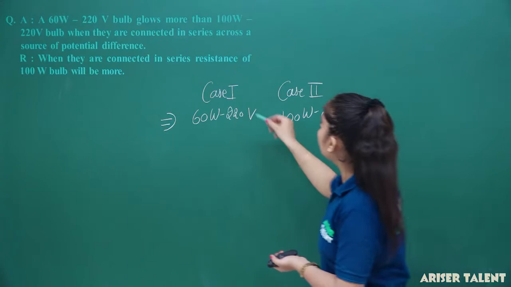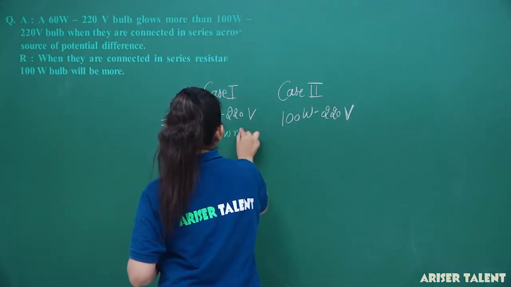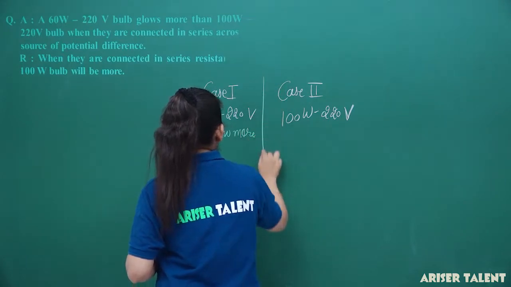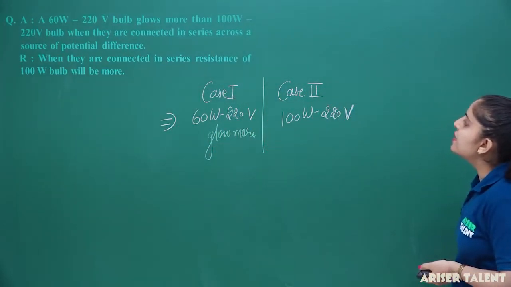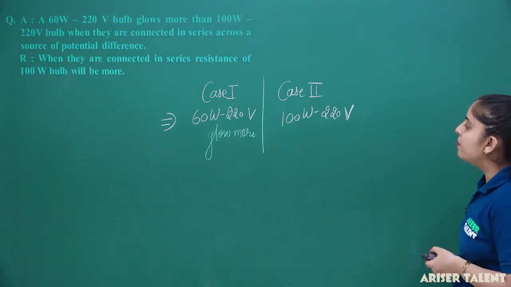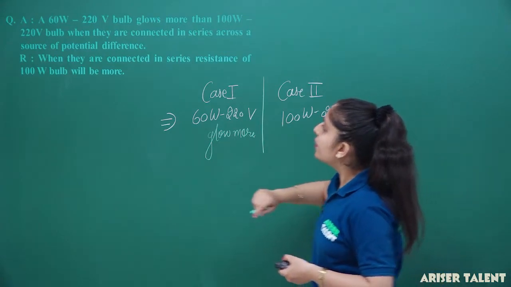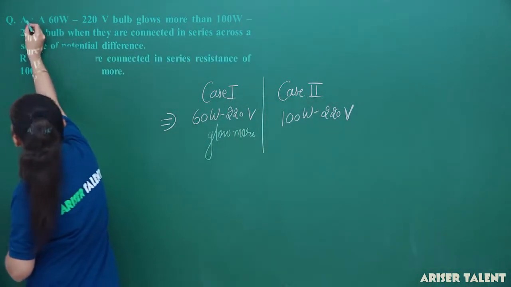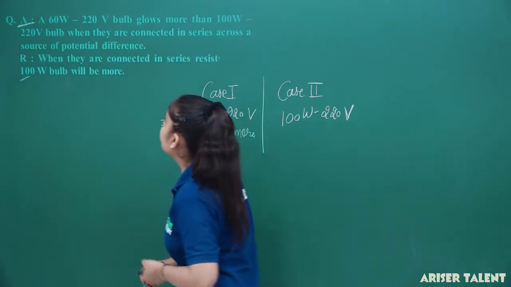It means the glowing capacity of this bulb is more. Now, when they are connected in series, the resistance of the 100 watt bulb will be more. This is our reason. And the first statement is A, it means it is our assertion. This is the assertion and this is the reason we have.